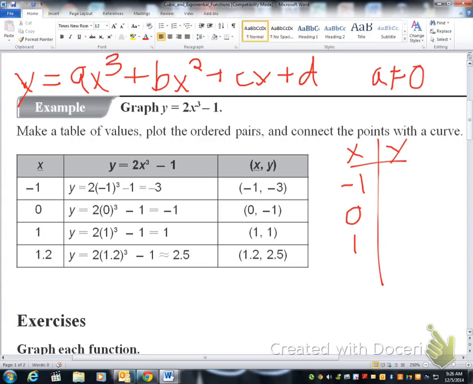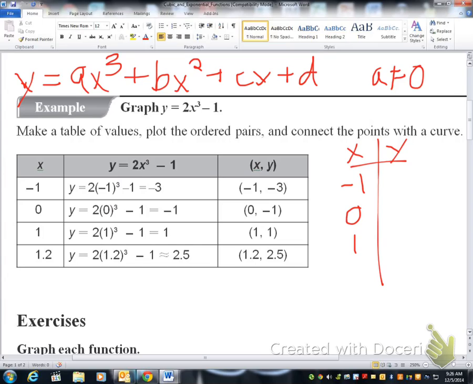Now, if I use -1, then I have -1 cubed. Now this is important. What is -1 cubed? -1 to the third power. Not -1 times 3. -1 to the third power.